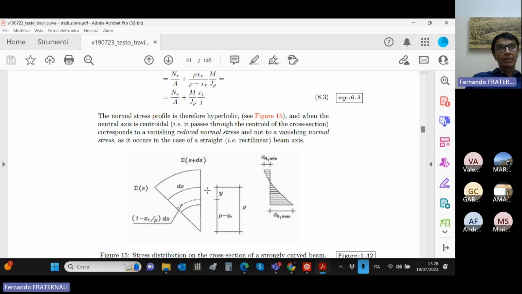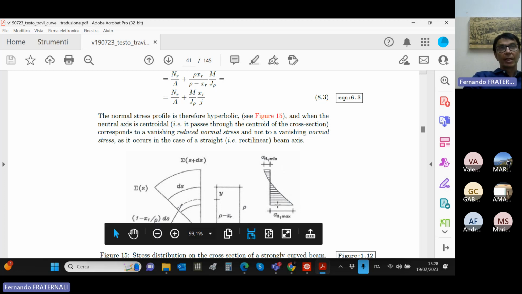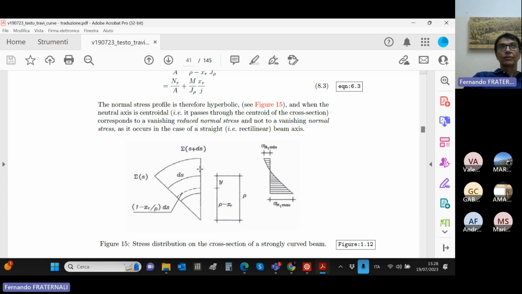So we have a concentration of the larger value of the sigma tt at the intrados, with this denotation of this figure, than at the extrados. And so this is what we will observe.